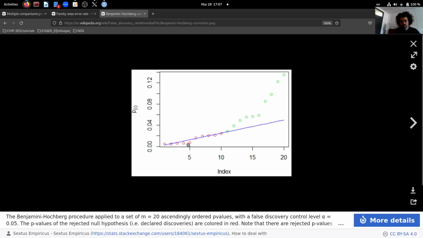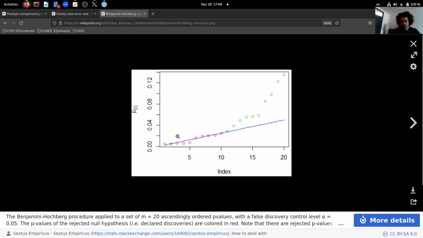So these p-values are smaller than the threshold, so correctly we reject it, but then this one is a bit greater than the threshold, and then we continue up to this point, and now all these green values are greater than the threshold, so the greatest k for which this requirement is fulfilled is this one.